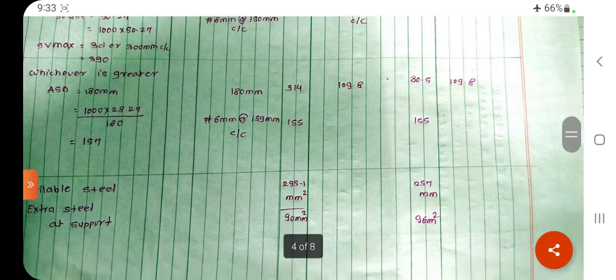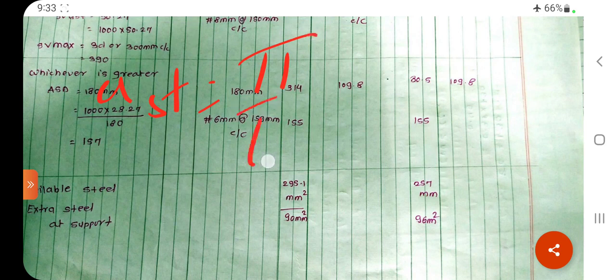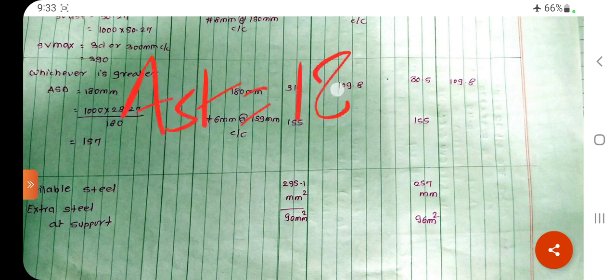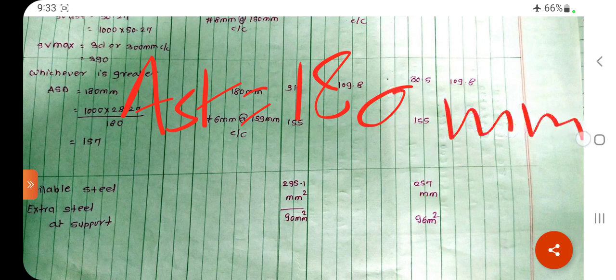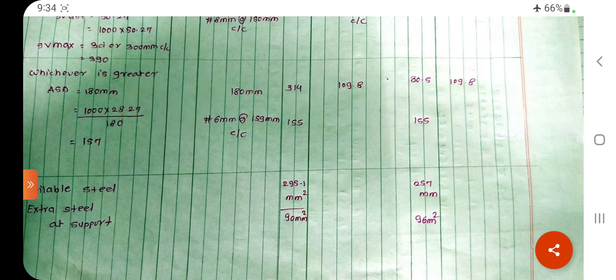Here small ast is equal to pi by 4 into 6 square, that is the area of 1 bar, and capital AST is equal to 180 mm square, and b is equal to 1000.